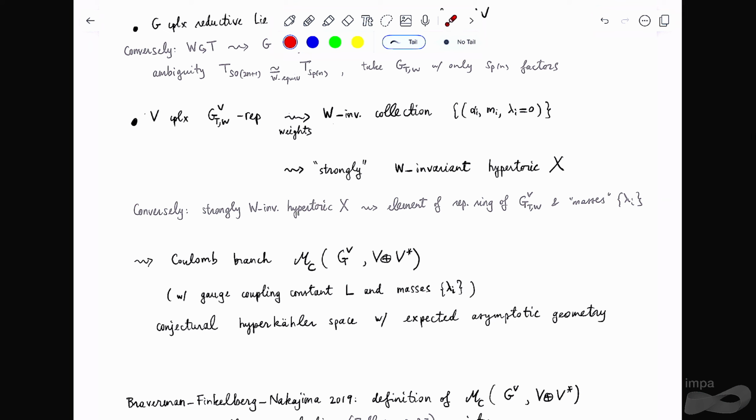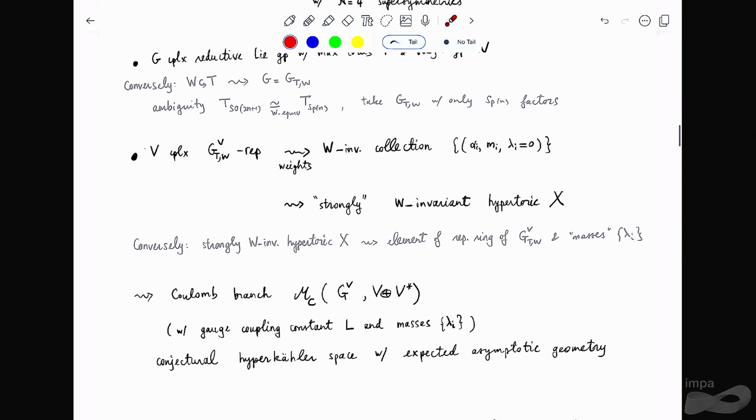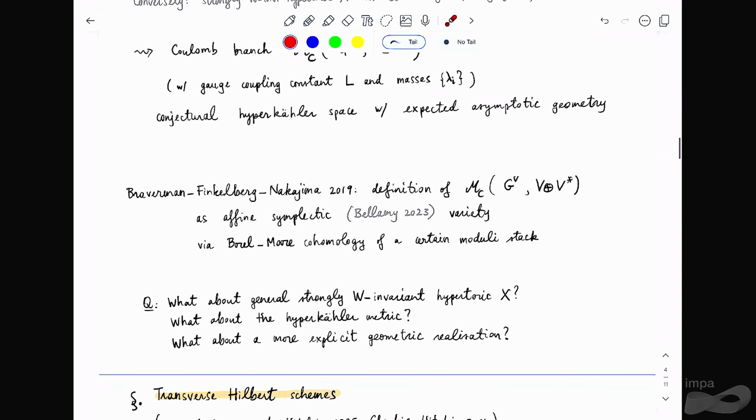So this leaves mathematicians to try to define these spaces, and in the complex holomorphic symplectic world, this was done by Braverman, Finkelberg, and Nakajima. They give a definition of these Coulomb branches as affine symplectic varieties.